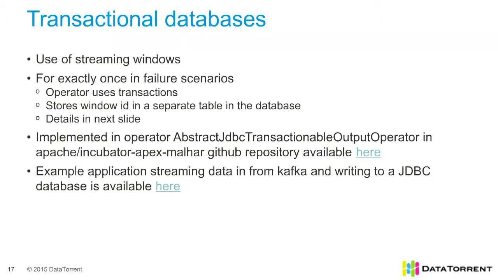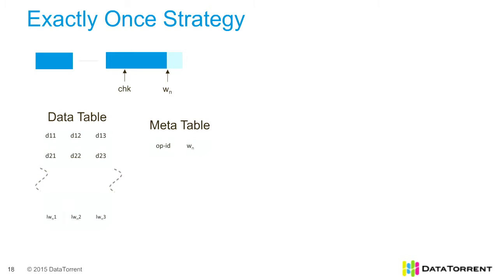And then let's go into detail on how the exactly once works in this scenario. As the windows are streaming in, the operator is writing data to a database table. The table, the columns, all these are configurable, but what it's doing is writing the data that belongs to a window in a single transaction.